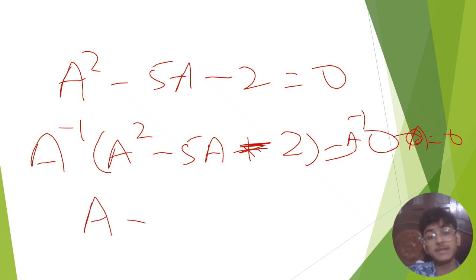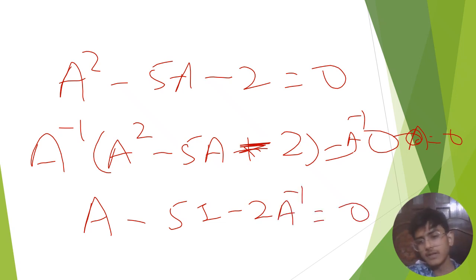A minus 5A into A inverse, that is the identity, 5I minus 2A inverse is equal to 0. Are you getting what I'm saying? It is easier to do it this way. First of all, you have to see the matrix. Then you have to find the matrix A minus xI, and then you have to take the determinant.